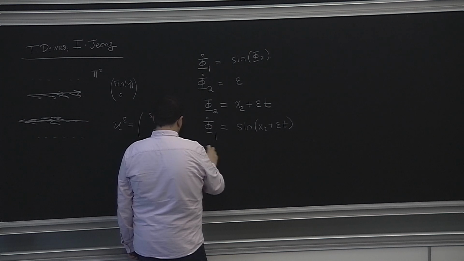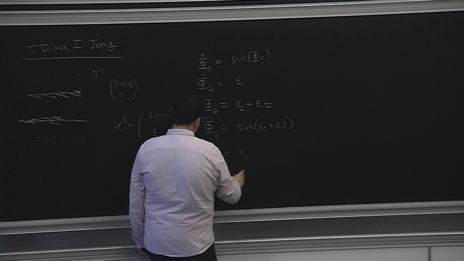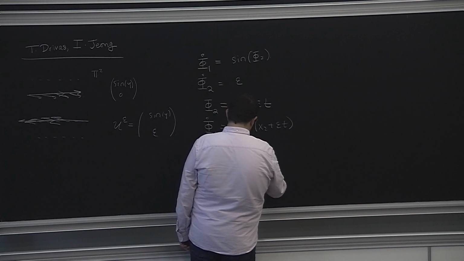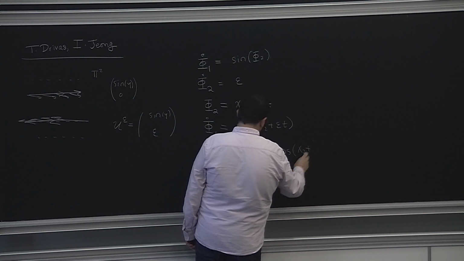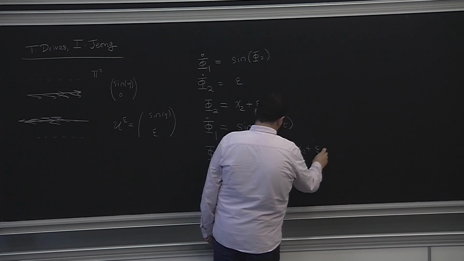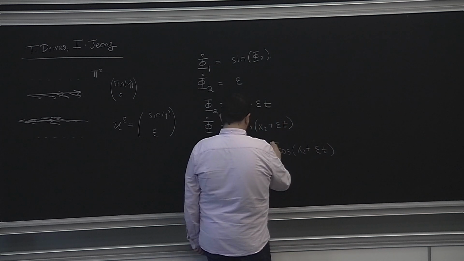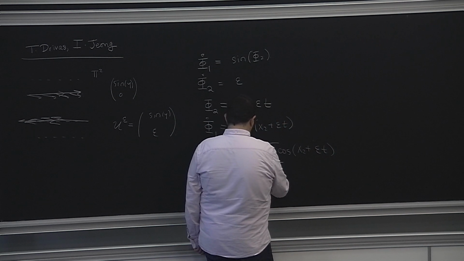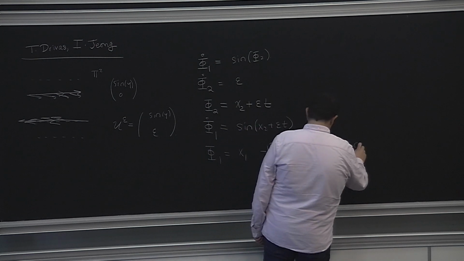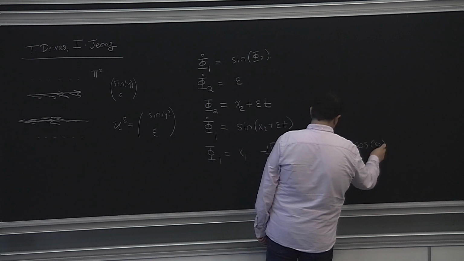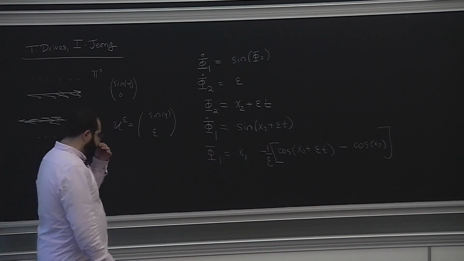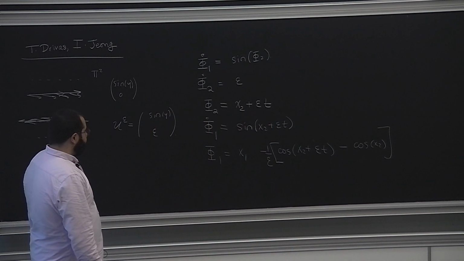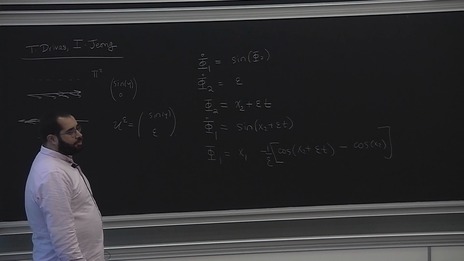So phi 1 is x1 minus 1 over epsilon times cosine of x2 plus epsilon t, minus cosine of x2. Is that right? Does that make sense for everybody?